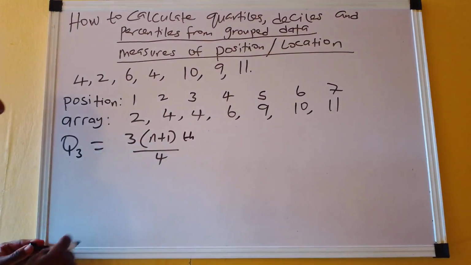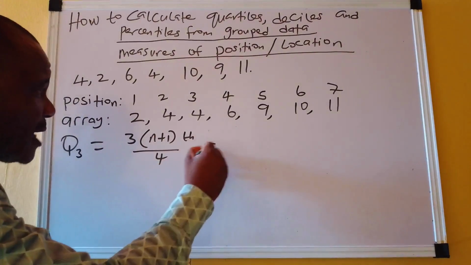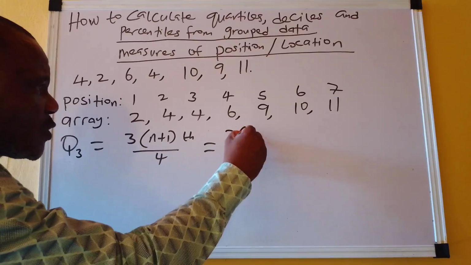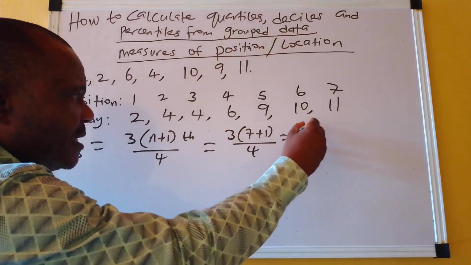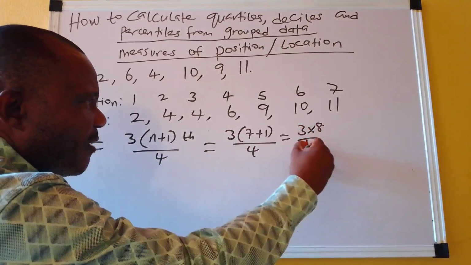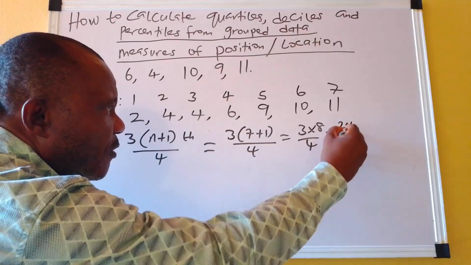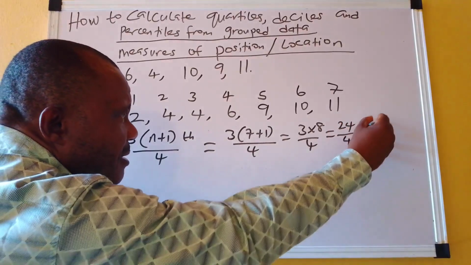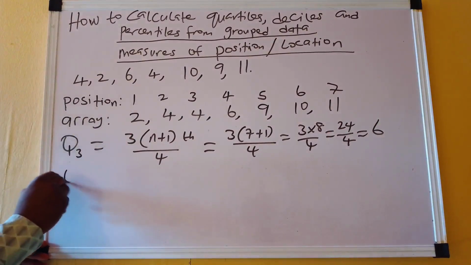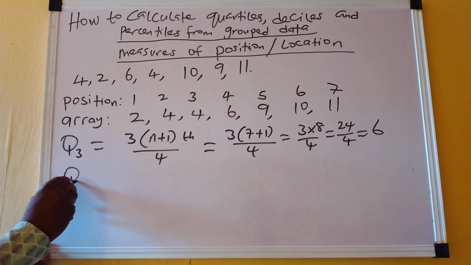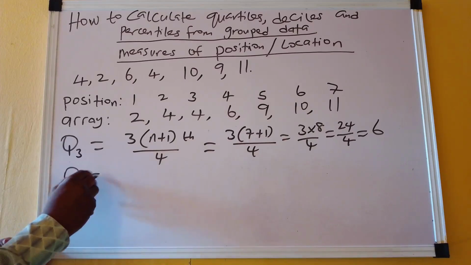This will be 3 into 7 plus 1 all over 4, which is 3 times 8 all over 4, equal to 24 over 4, that is 6. So the item in the sixth position will form the third quartile.